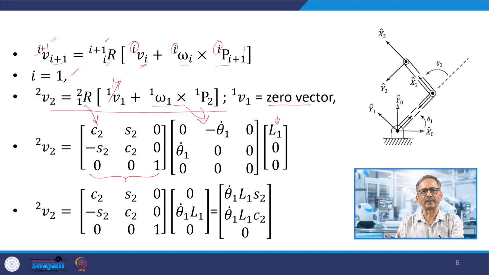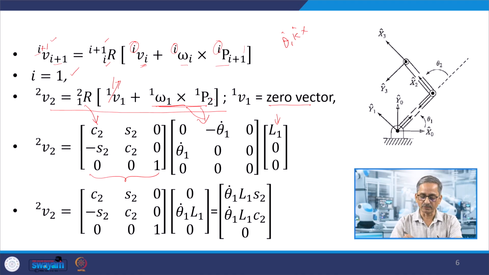This thing can be done another way. In fact, if I do not want to write it in the form of a skew symmetric matrix, I can just take a vector cross product. Okay, and I will be getting the same result, all right. Basically, you see what omega 1 is: it is theta 1 dot, in the k direction, about the z axis, and cross this one, which is about this length, we are taking as per DH notation along the x axis.